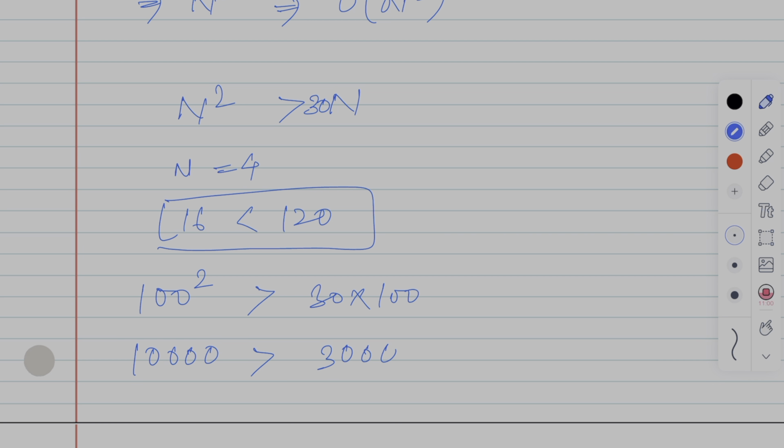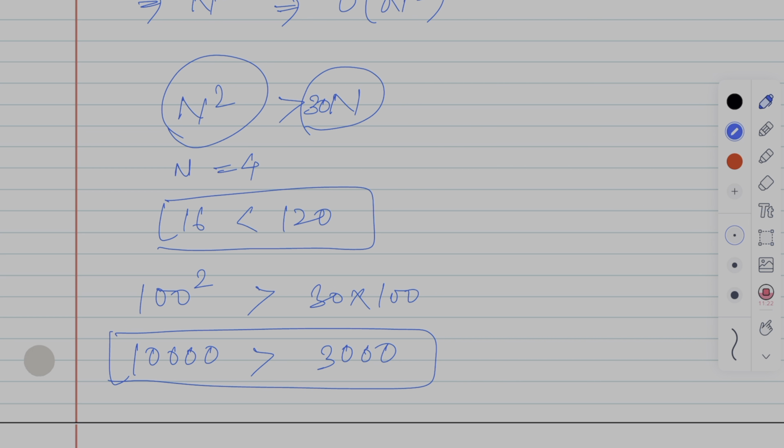So for any of the larger values, the most dominating term will be the biggest term in this equation. Because for larger inputs, the highest order term will always be dominating in the equation. So that's why we need to neglect the smaller order terms, and we need to take care of the highest order term.